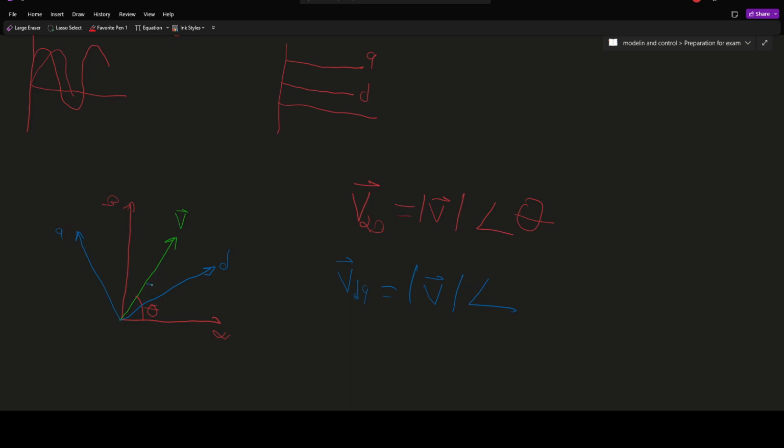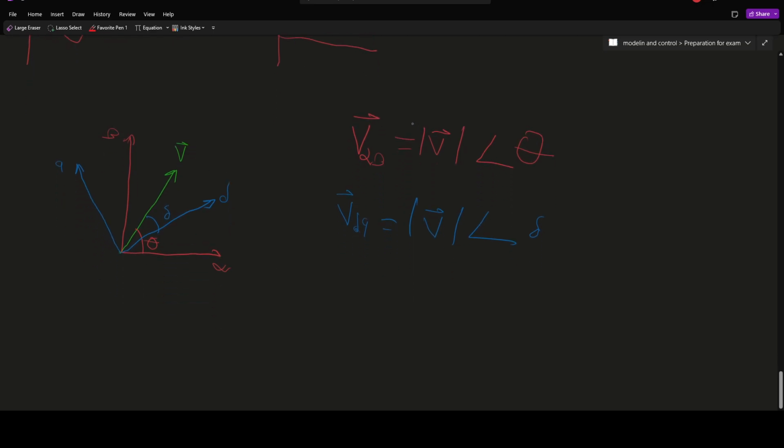It's going to be this one. Let's call it psi. So these two are the same phasor, just represented in different reference frames.